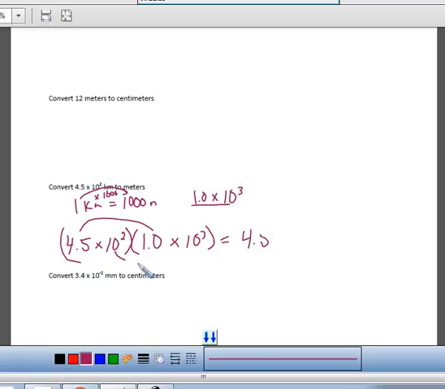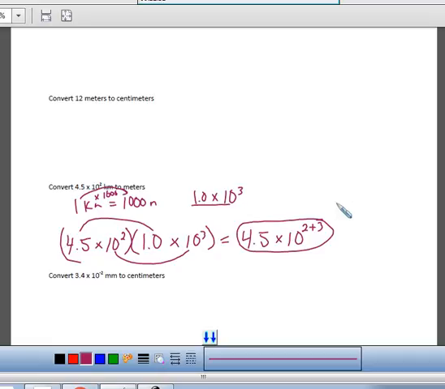I'm going to multiply 10 squared and 10 cubed. That's 10 to the 2 plus 3, which is 10 to the 5th power. So, here's my answer. I'm going to actually do that addition when I write my final answer.